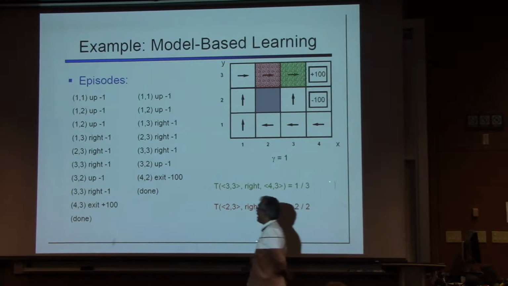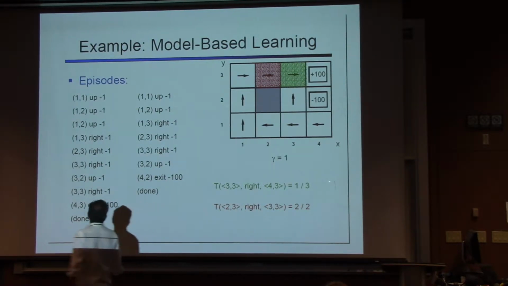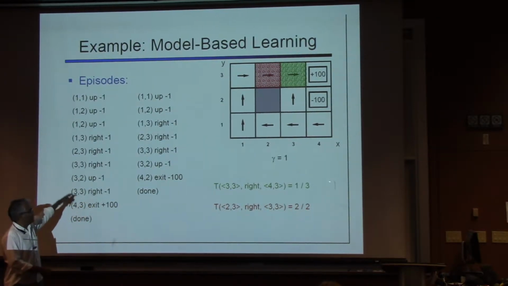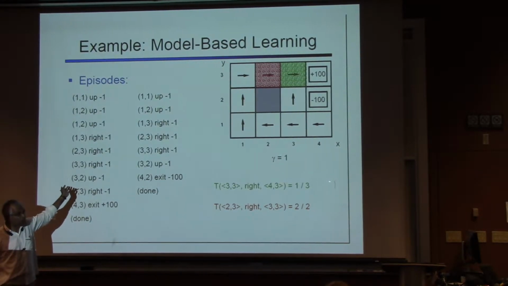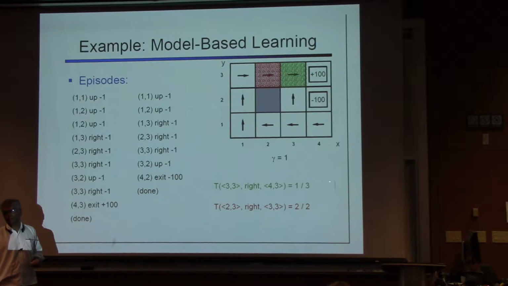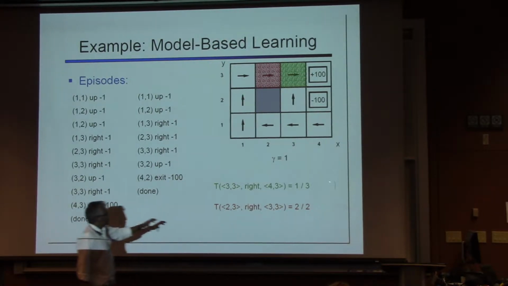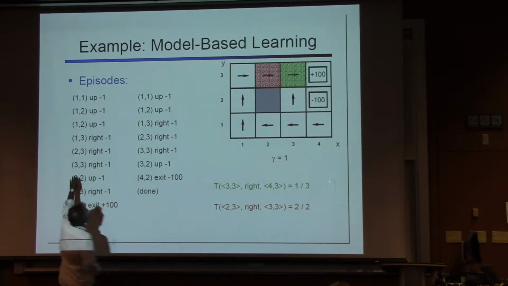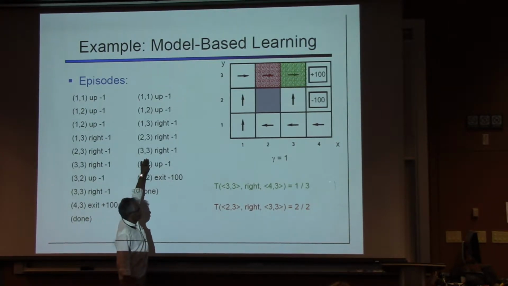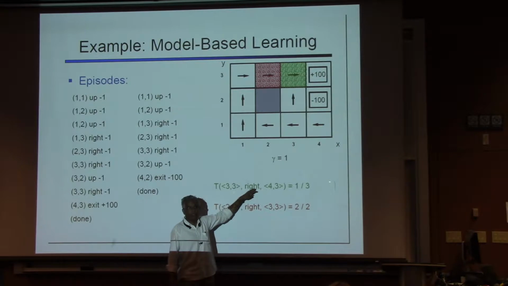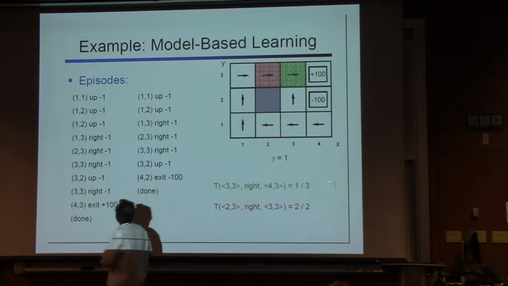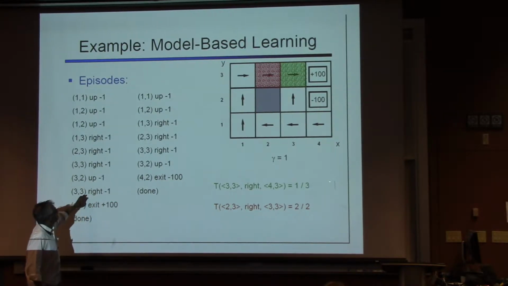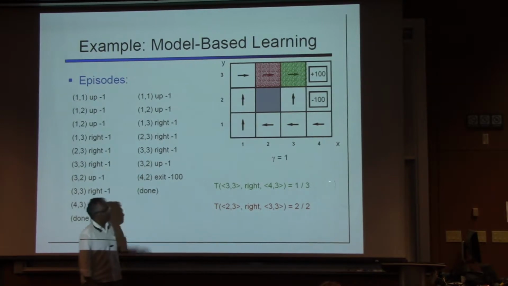I look at the episode, and then based on the episode, I'm not computing the value function, I'm computing the transition function. So I just want to see how many times I was in 3-3. I'm in 3-3 here, I'm in 3-3 here. How many of those times did I do right? Both times it looks like I've done right from 3-3, right here, right here, right here.